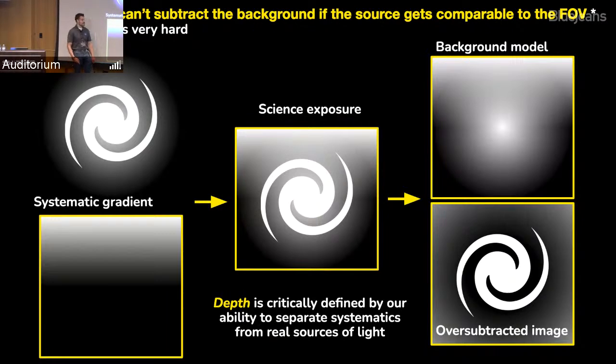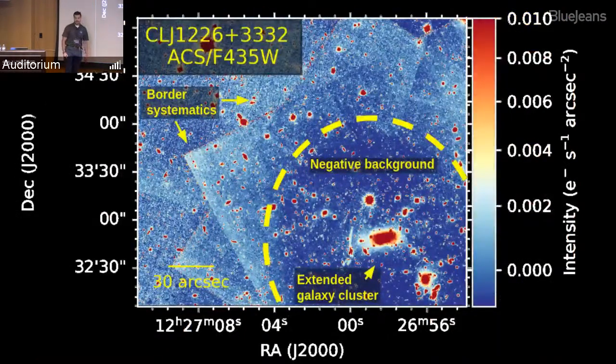You end up with an image which is over-subtracted. And this is the sad reality of many observations in the Hubble archive. This is from the CLASH survey, and you can see how there is a background of negative counts around this extended galaxy cluster where the intracluster light should be. So this is something that we need to correct.